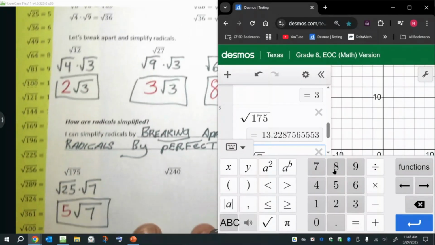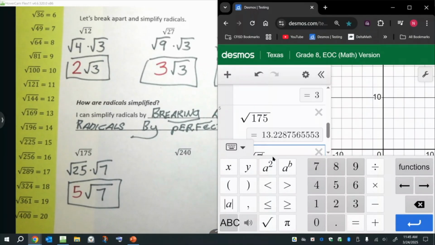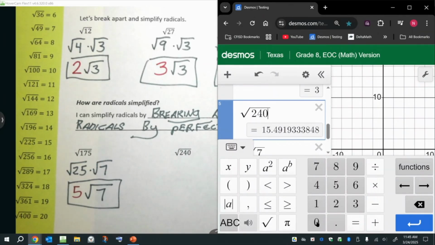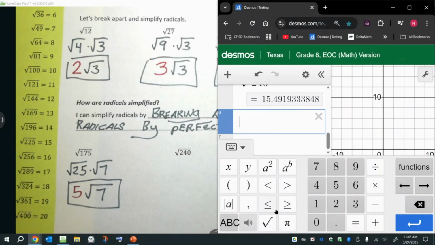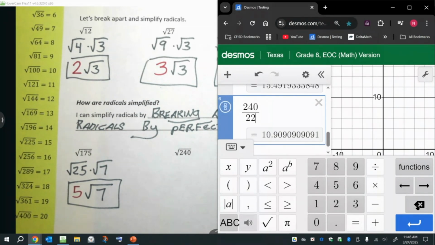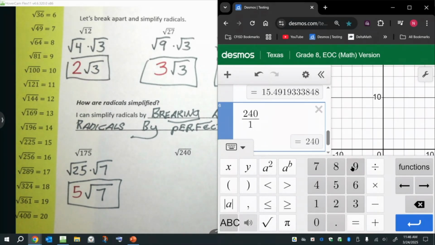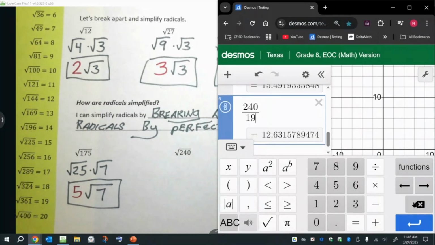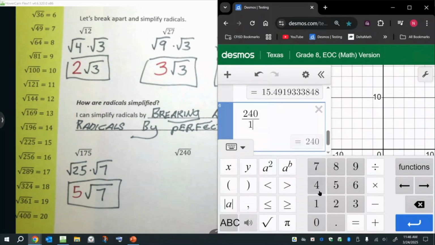All right, let's try the next one. Square root 240. Poopy. All right, so let's take the next biggest perfect square, 225. So we're going to take 240 divided by 225. Nope. 196. Nope. 169. Nope. 144.